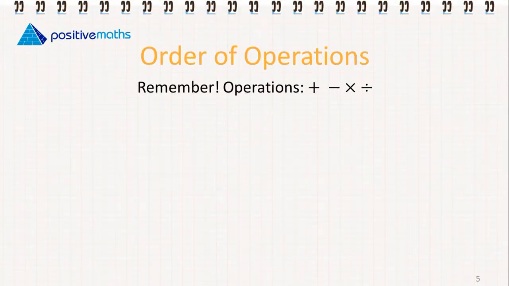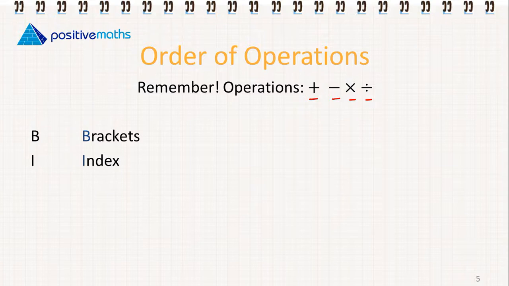There's a specific order that we perform these operations in. First of all, remembering, whenever we say operation, it could be addition, subtraction, multiplication, or division. The first operation that we always do is we work with what's inside any brackets. The second is index, or some people know this as the order.